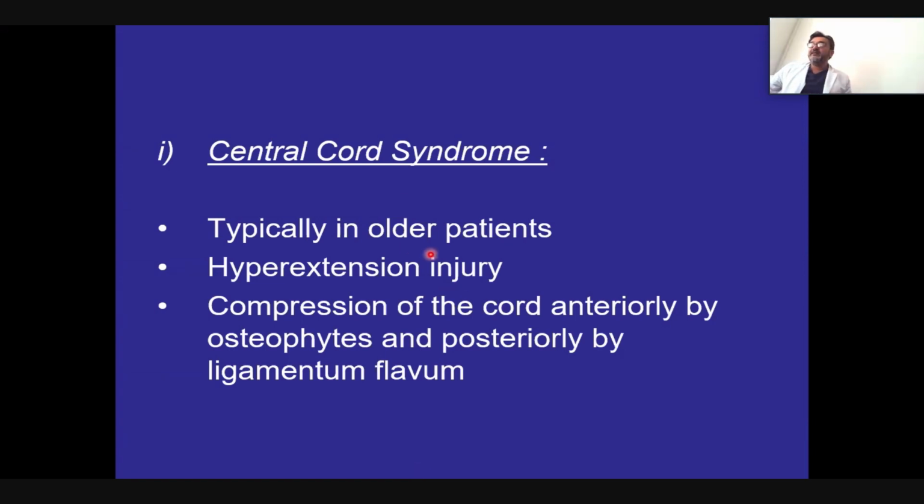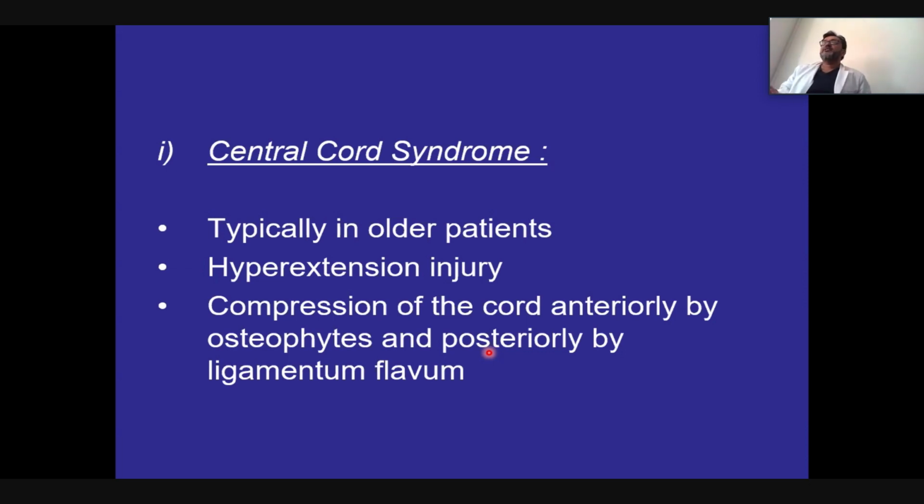So typically in an older patient, hyperextension injury, compression of the cord anteriorly by the osteophyte and posteriorly by the ligamentum flavum. In between them, because the canal becomes narrower and you have this hyperextension type of injury, the cord is compressed in the center, resulting in damage to the central piece of the spinal cord.